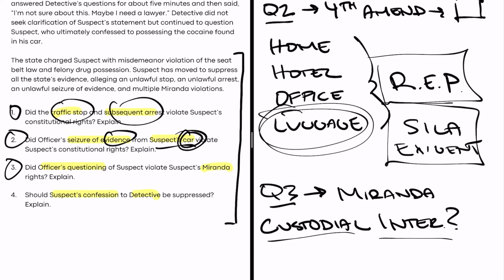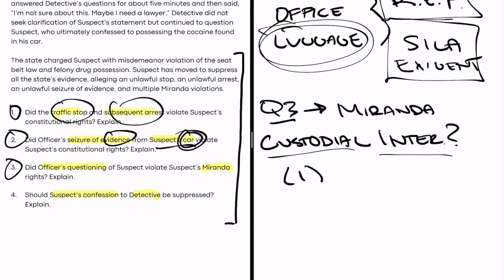We can almost think about these like elements. We need a suspect in custody, and we need that suspect to be interrogated while in custody to trigger Miranda. The Supreme Court held in Miranda v. Arizona that before a police officer can conduct a custodial interrogation, the police officer has to inform the suspect of his Miranda rights. And we all know what the Miranda rights are. The suspect has the right to remain silent.